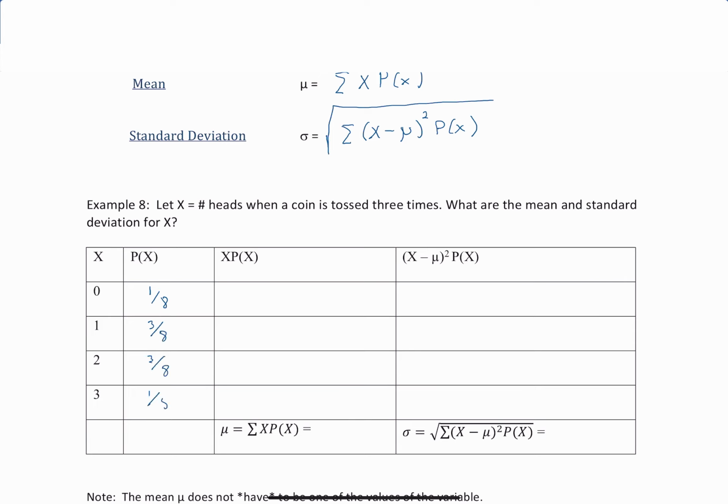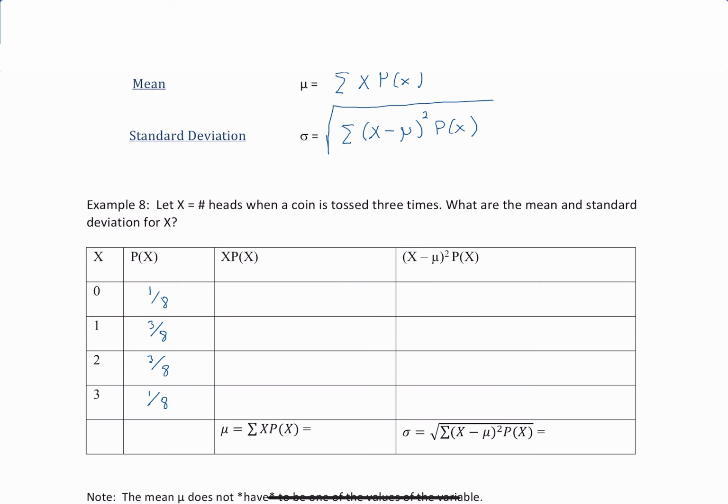Now this is a complicated computation, so we're going to use a table to organize all the steps that we're doing. By the way, yes, you can find an online calculator that will do this for you, but there will be at least one problem on the test where I will give you a table and ask you to fill in the table.